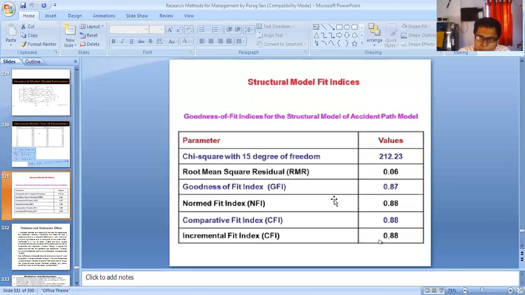I would like to repeat it once again: in the structural equation model there are 2 parts. One is the measurement model or confirmatory factor analysis. Another is the structural model or the path model.